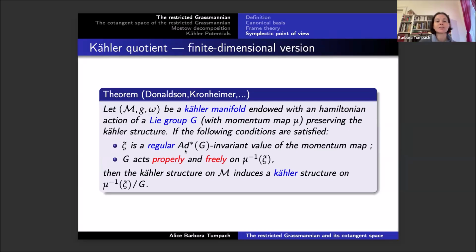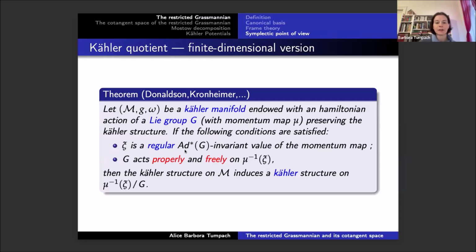I'm not sure about the history here, who was the first one to give this refinement. In any case, it's well known in the theory of Kähler manifolds, and it goes like this.